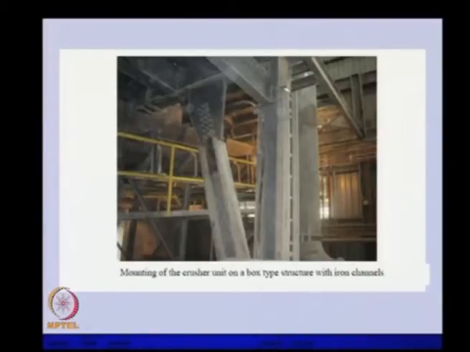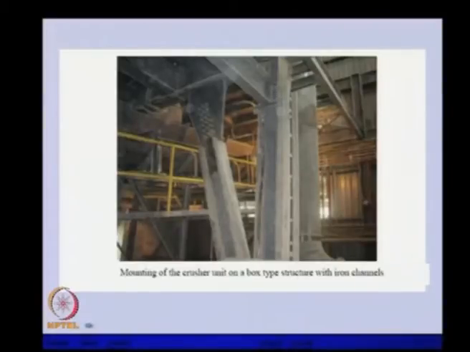The order of vibration was very large, and because of that even in the columns, they had cracks, and the machine was in a very bad condition, and they did not know what was the actual cause of such vibration.